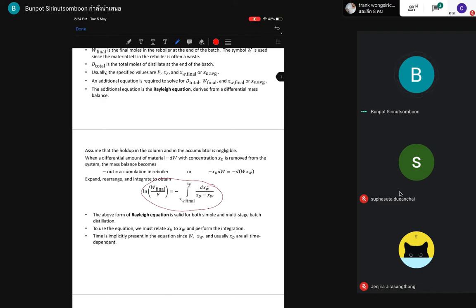Even though you don't see any time variable in the equations, these variables all change with time. So we use the Rayleigh equation with batch distillation.